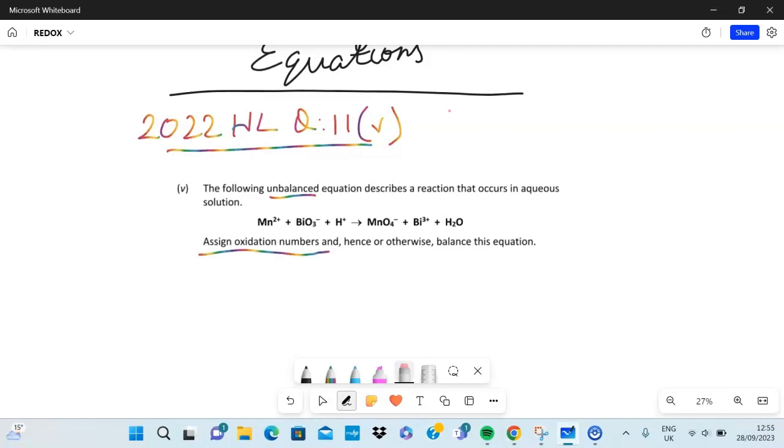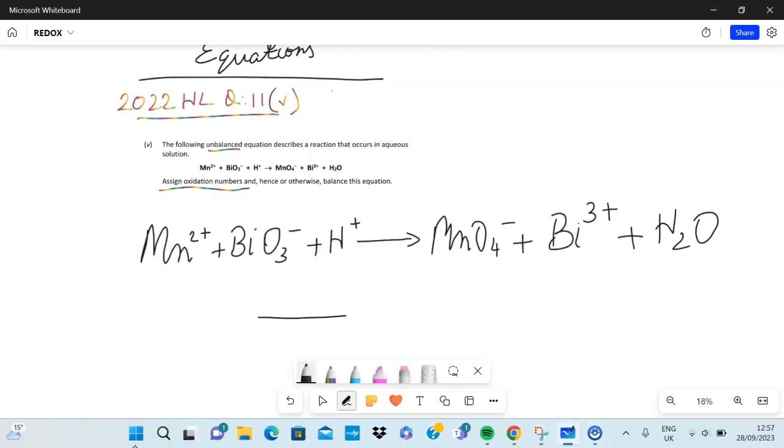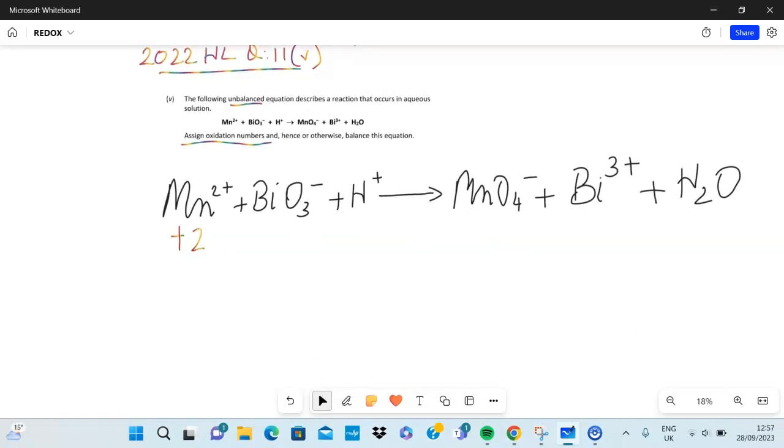I'm going to rewrite the equation so I can do some working, and start assigning oxidation numbers. This is Mn2+, so that's going to be +2. Then bismuth and O3 minus. If it's a minus, that should be the total charge. I'm going to do a small rough work here.